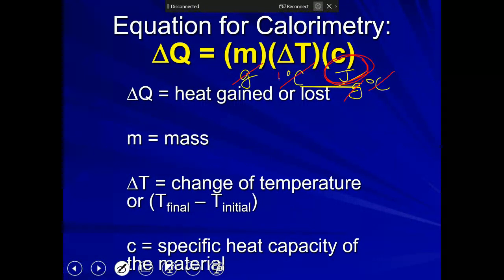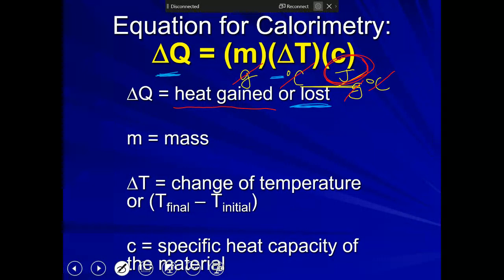Now, if the temperature goes up, we get a positive answer. That's because heat was gained by the water if its temperature went up. But if the temperature goes down, then we get a negative answer. That's because heat was lost. And so you need that negative on the answer. That means that the system, like the water, lost some heat.